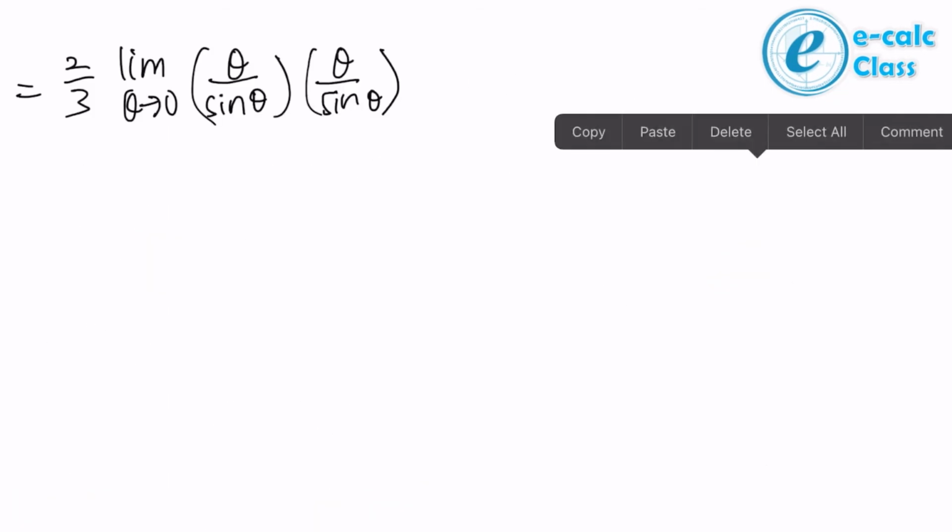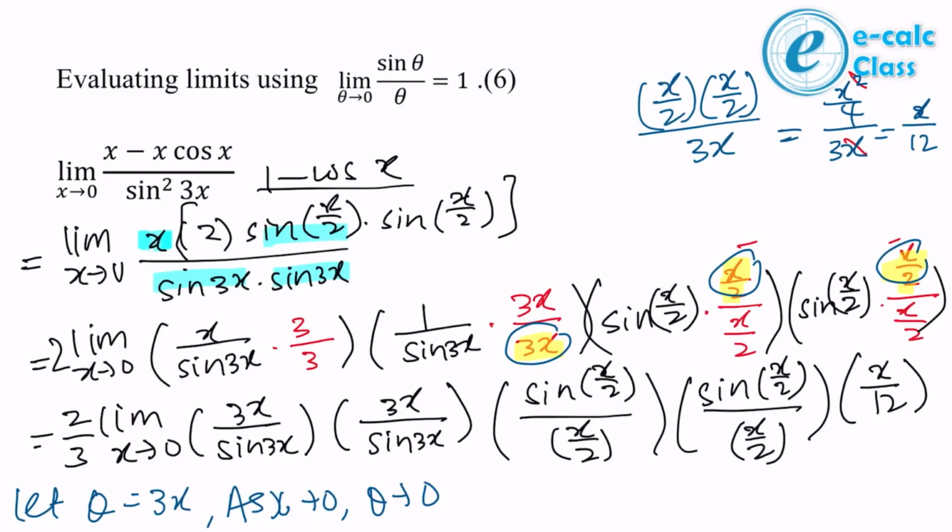Now for this part, I will let alpha be x over 2. So as x approach 0, alpha also approach 0.